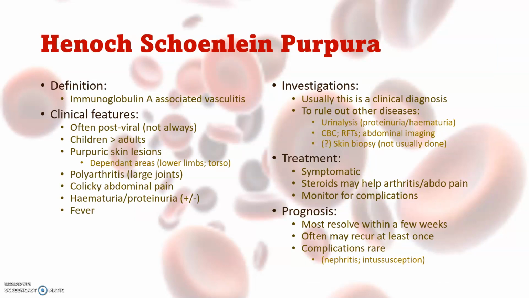So, this is a case of Henoch-Schönlein purpura. Henoch-Schönlein purpura is an immunoglobulin A associated vasculitis. It's often post-viral, affecting mostly children, and is characterized by purpuric skin lesions, particularly in the dependent areas of the body, polyarthritis of the large joints such as the knees, ankles, hips, elbows, or wrists, colicky abdominal pain, hematuria or proteinuria, and fever.